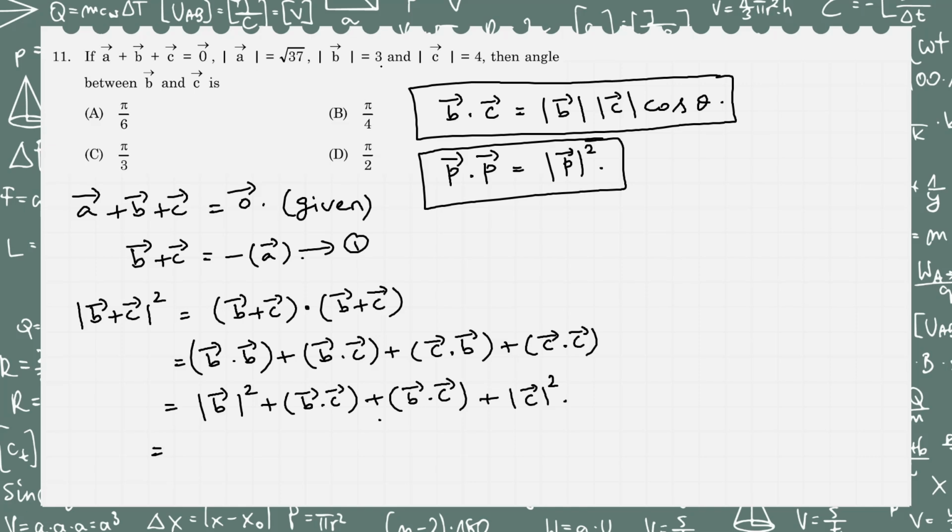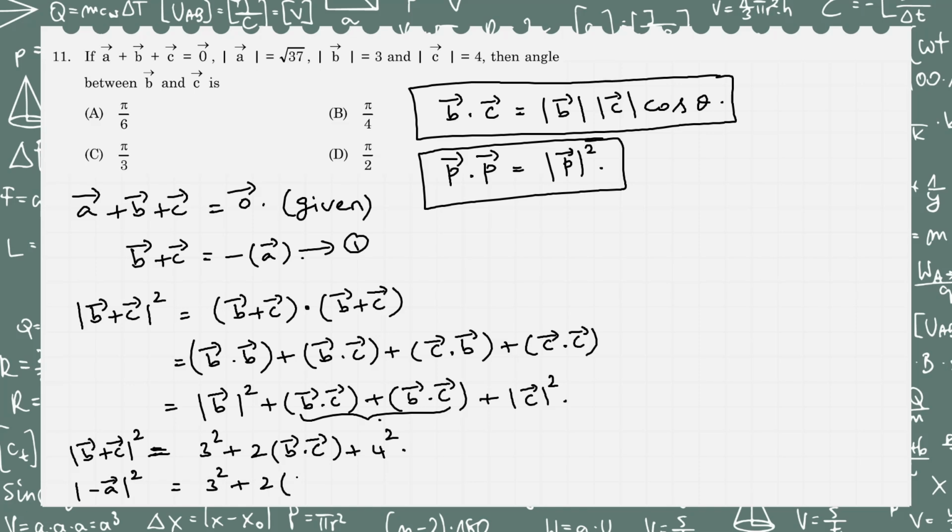The length of b is 3, so 3 square. These two we can add together, giving 2 times b dot c, and the length of c is 4, so 4 square. On this side we have the length of b plus c whole square, and we can use the value of b plus c from equation 1. So this is length of minus a vector square equals 3 square plus 2 times b dot c plus 4 square.